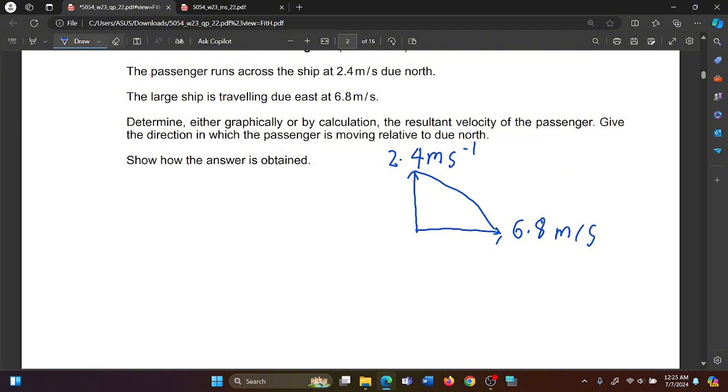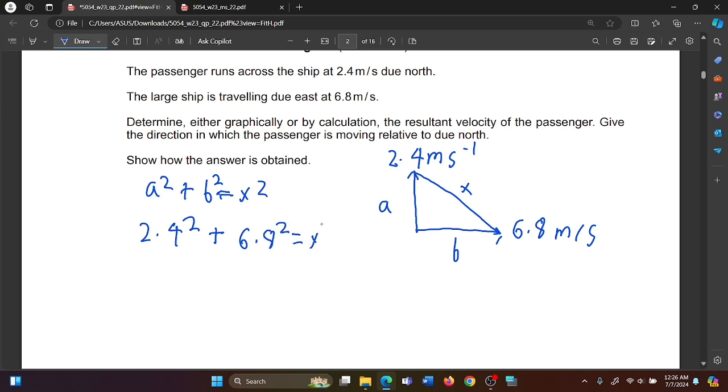Sorry, my drawing is not that good because I am poor at drawing straight lines. So we find the length of x. According to the Pythagorean theorem, if this is a, this is b, and this is x, then a squared plus b squared equals x squared. So 2.4 squared plus 6.8 squared equals x squared. Now let's make x the subject to find the resultant velocity.